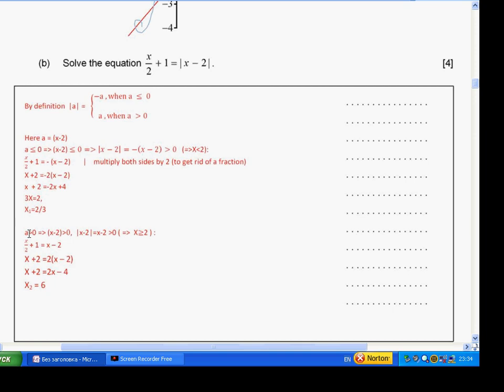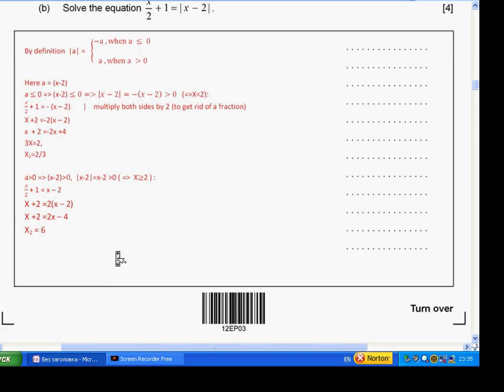Now when a is more than 0, x minus 2 is positive, so it is simple. We rewrite it as x minus 2, substitute it into the formula, and in the same way we get the answer 6. So we got two solutions.